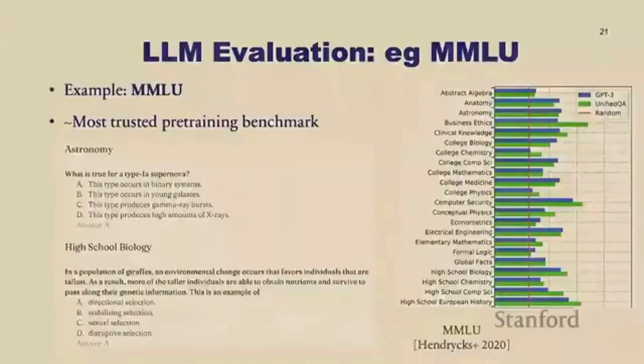So the way you would evaluate MMLU is basically either you ask the first question, and then you look at the likelihood of the model generating A, the likelihood of the model generating B, C, and D, and you look at which one is the most likely. Or you can ask the model, out of A, B, C, D, which one is the most likely, and you look at whether the most likely next token is A, B, C, or D. So you constrain the model to say it can only answer these 4 things.